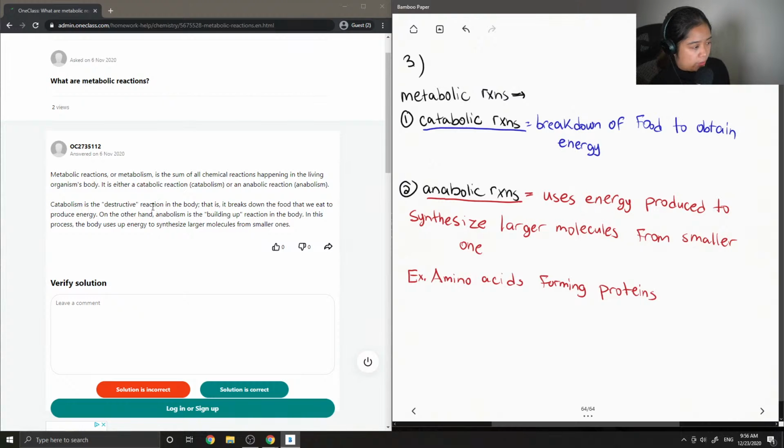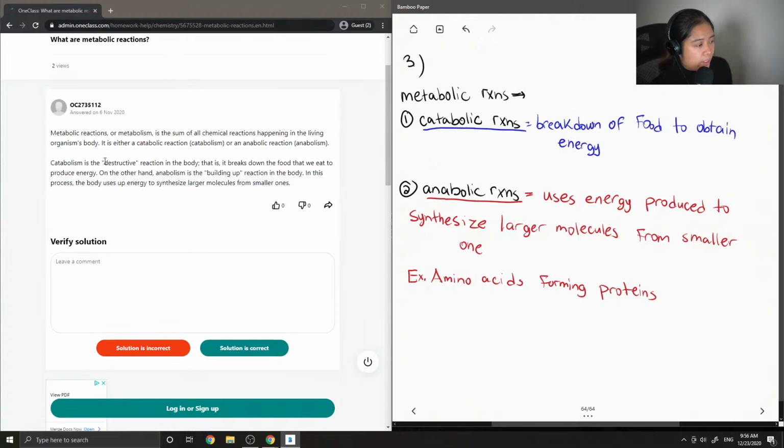So the junior tutor said, metabolic reactions or metabolism is the sum of all chemical reactions happening in the living organism's body. It is either a catabolic reaction, catabolism, or an anabolic reaction, anabolism. And catabolism is the destructive reaction in the body.